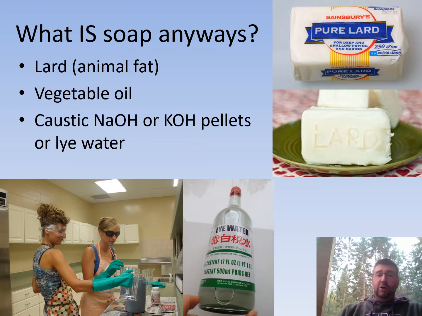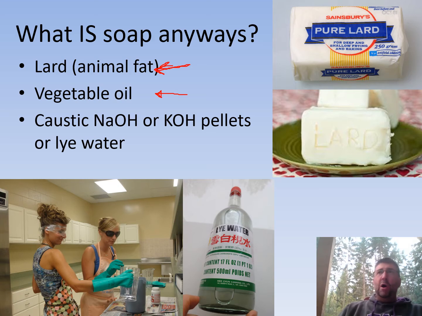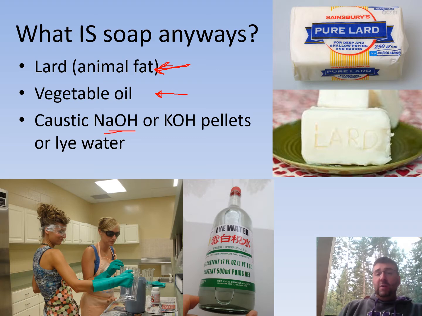Basically it's made with a combination of animal fat, aka lard, which is rendered animal fat, and or vegetable oil, depending on the texture and whether you want it to be a bar of soap or a liquid soap. And then using caustic sodium hydroxide or potassium hydroxide pellets in something called lye water.